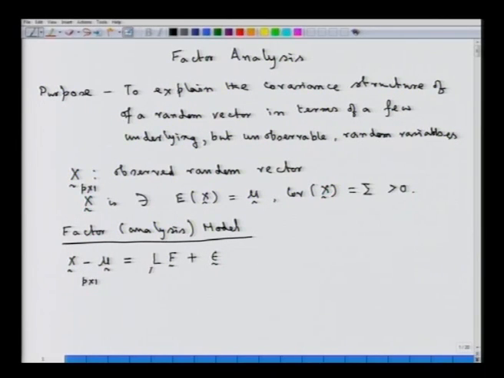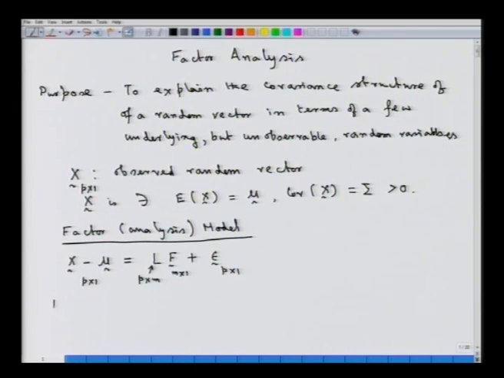L is a matrix of constants of the order p by m. F is a vector of the order m by 1, and epsilon is a random vector which is p by 1. These quantities L, F and epsilon define the factor model.